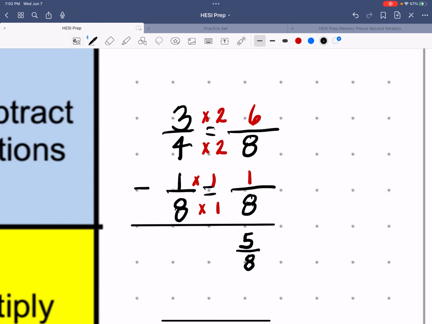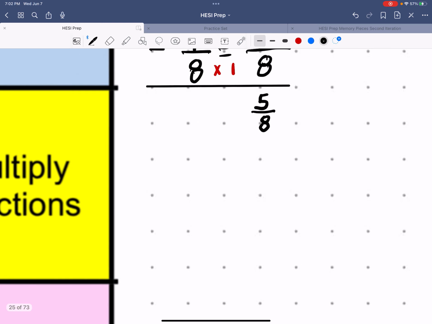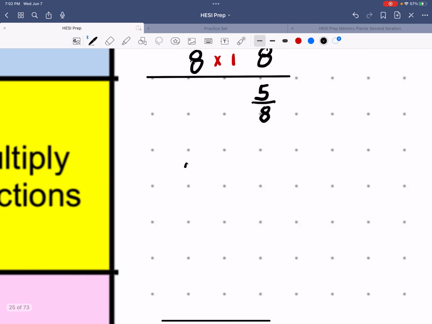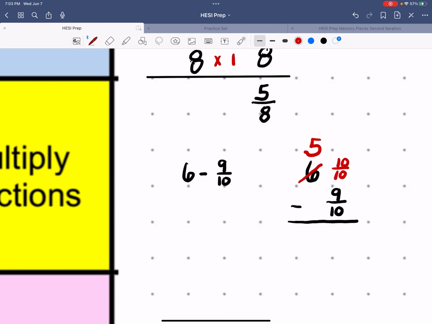Okay, I did want to show you one of these because sometimes you do have to borrow with fractions. So let's do 6 minus 9/10. So I'm going to write them vertically. And it looks kind of funny because there's not a fraction to take that 9/10 from. So we have to borrow 1 from the 6. That leaves us 5. And the one that I borrowed, I'm going to rename it as 10/10. 10/10 is 1 whole.